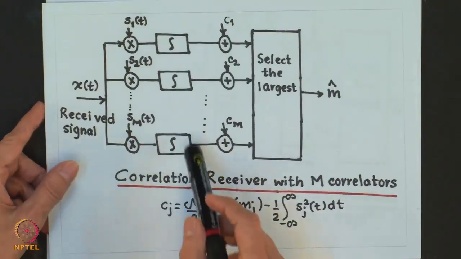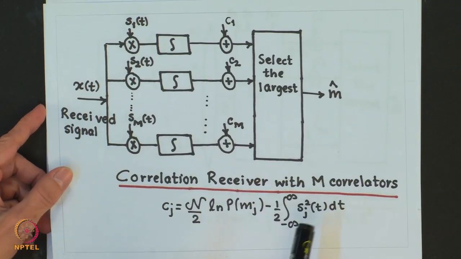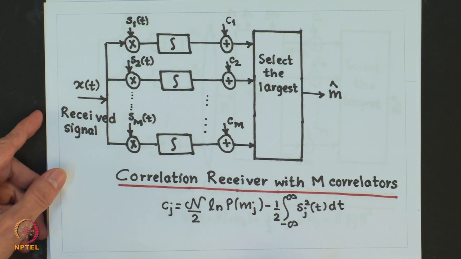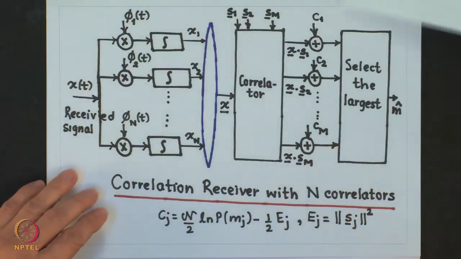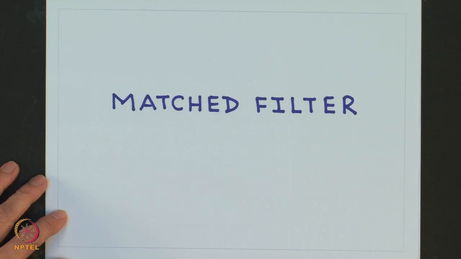Now both these correlation receivers can also be implemented using what is known as a matched filter. So we will study now the concept of the matched filter.